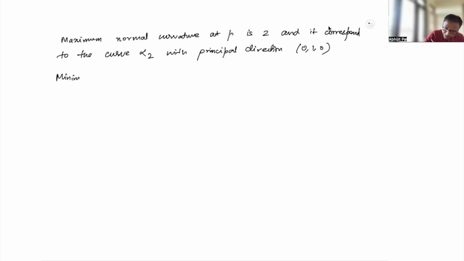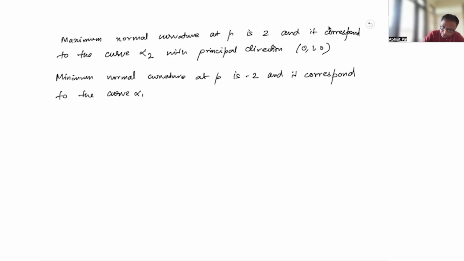And the minimum normal curvature at P is minus 2, and it is along the curve alpha 1, and it corresponds to the curve alpha 1 with principal direction (1, 0, 0).